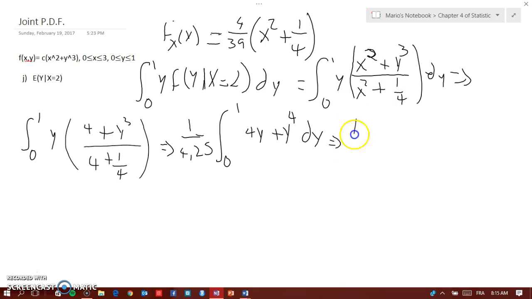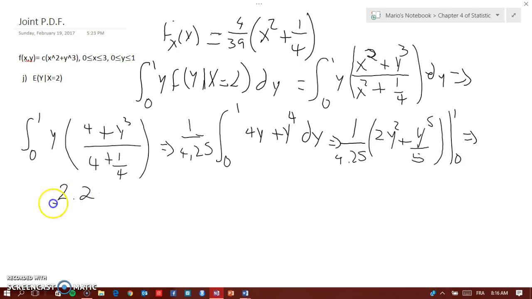Now that would be equal to 1 over 4.25 times 4y squared over 2, that's 2y squared, plus y to the 5 over 5, from 0 to 1. So that would be 2 plus 1 over 5, which is 2 plus 0.2. So you get 2.2 over 4.25. And whatever the answer you get is the number.